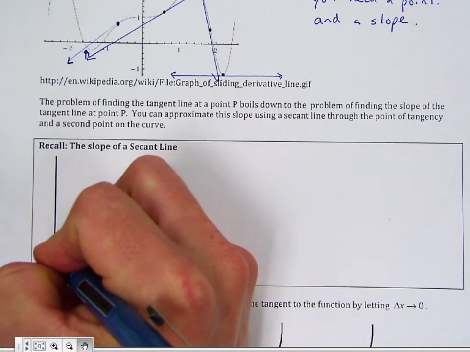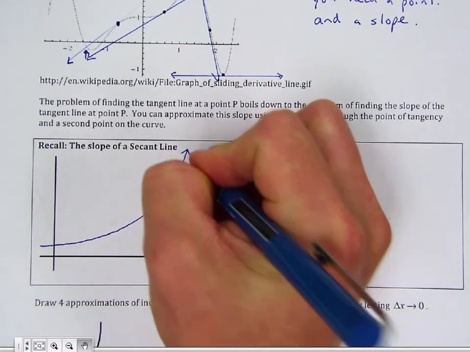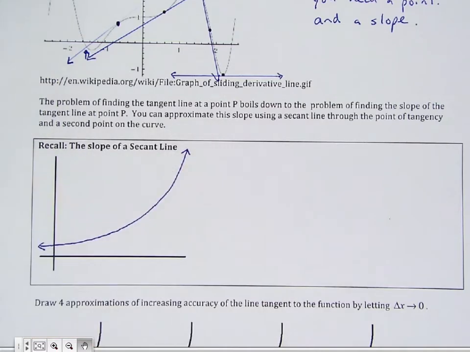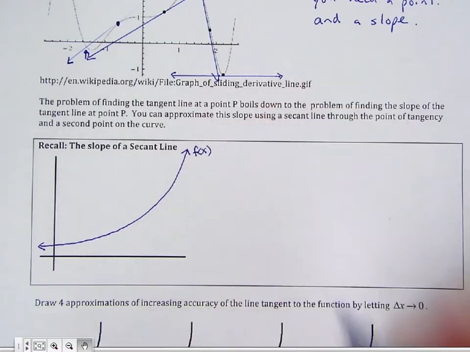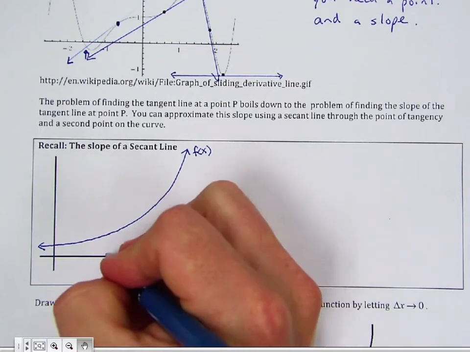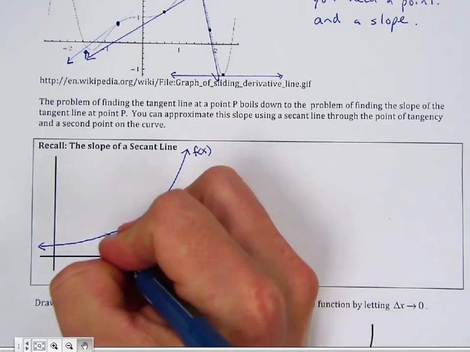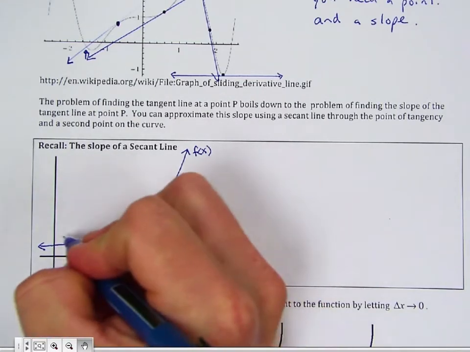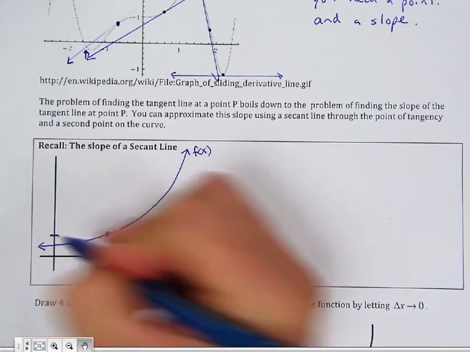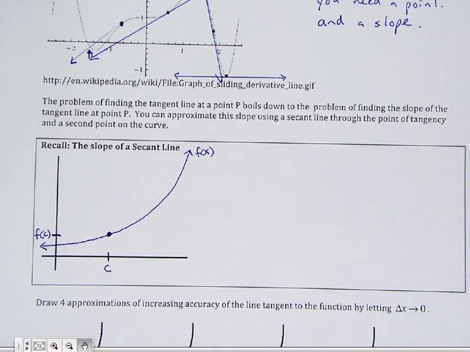So let's go ahead and draw a curve. And this is our curve f of x. And we're going to give it an x value here of c, and we're going to put a point right there. So what is the height of this point? If we come over here, this is going to be f of c.